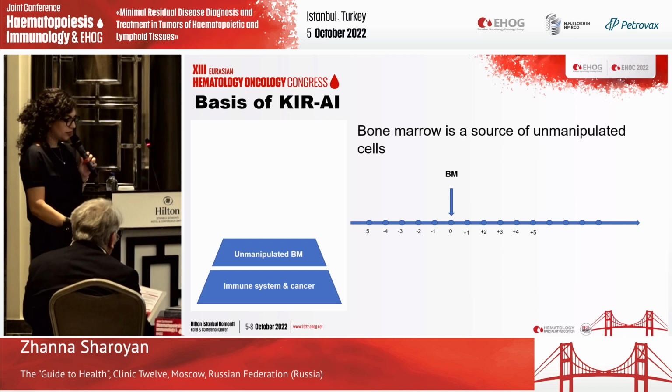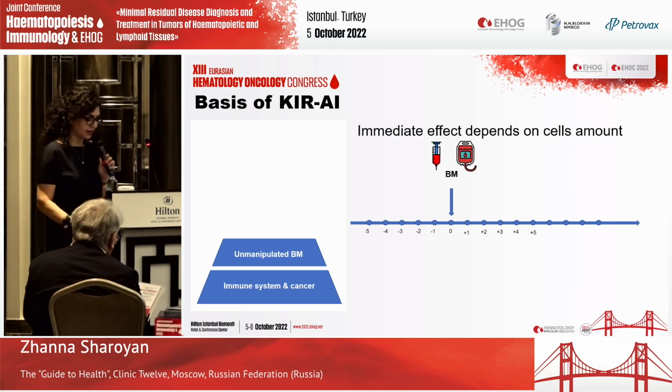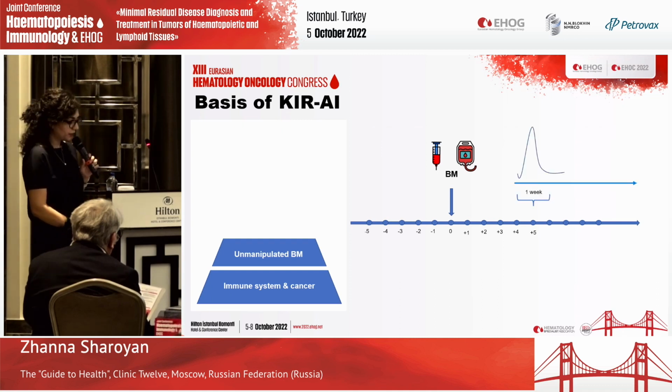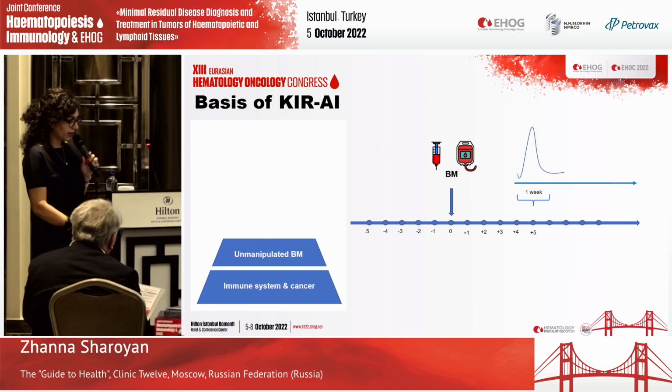On the results of different experiments, bone marrow was selected as a source of cells. They demonstrated that the immediate effect of cellular therapy depends on cells amount. Unfortunately, immediate or the first effect was short-term. Most likely that improvements were related to the first effect of allogenic cells.